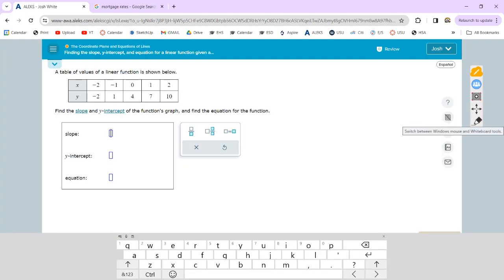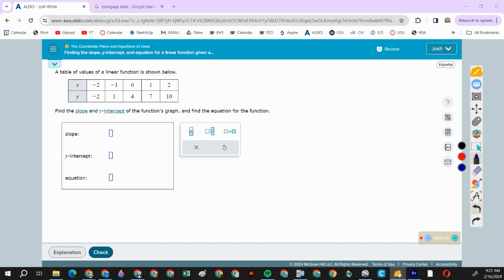All right. So here we have some values, and we need to know the slope, the y-intercept, and the equation. And notice the x's are actually in order, which makes it nice.